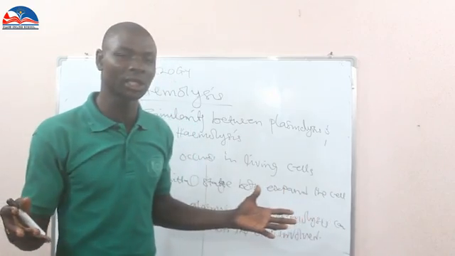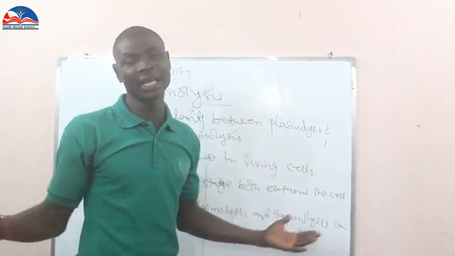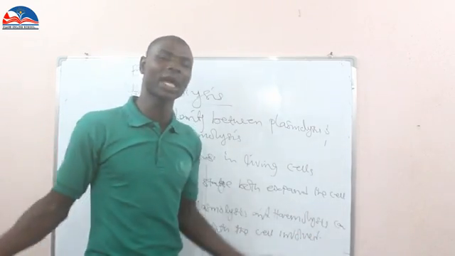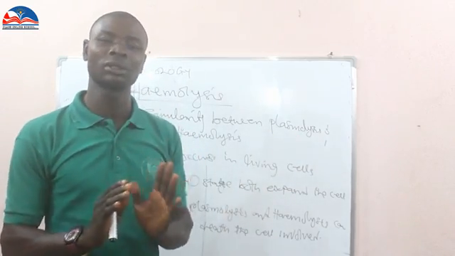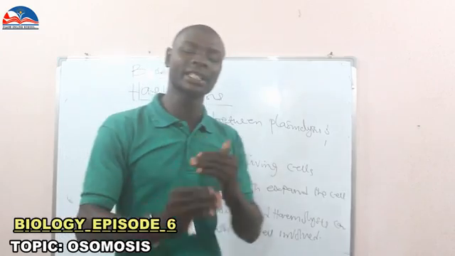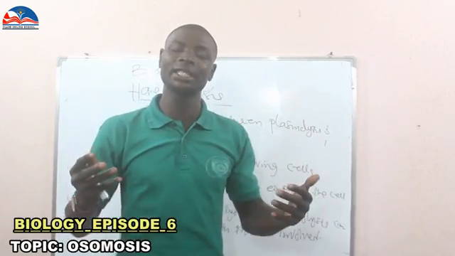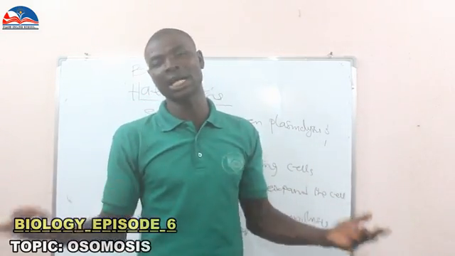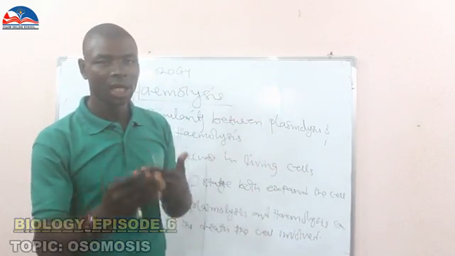Now, how does it lead to the death of the cell? When there is excess movement of water from the cell, it can cause the cell of that particular plant to die, in terms of plasmolysis. And when you talk about animals, the red blood cell, when there is an inflow of water into the red blood cell to the extent that it is fully charged and bursts, this can lead to the death of the cell if there is no maintenance that takes place.